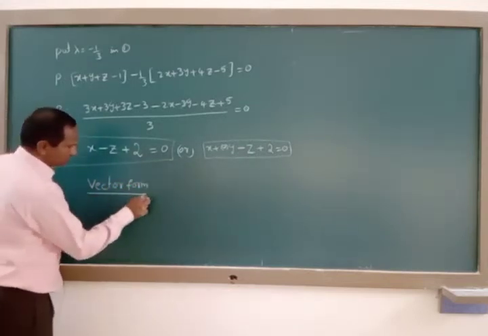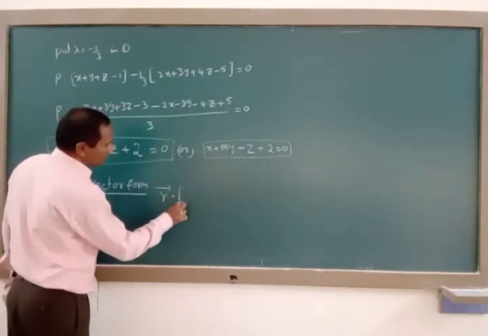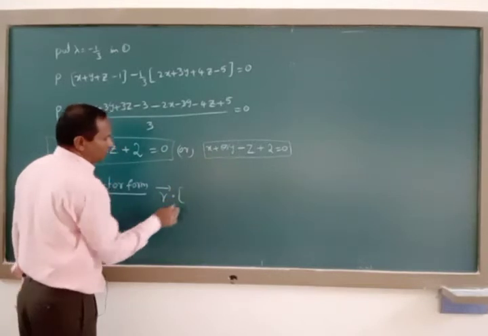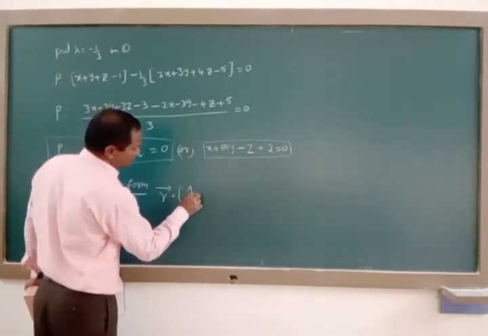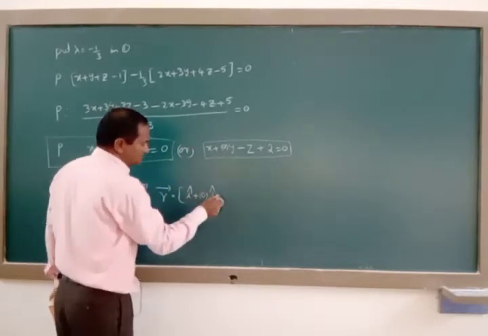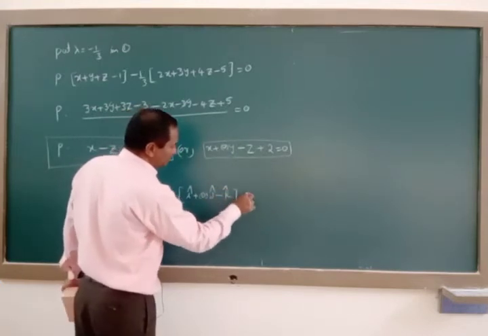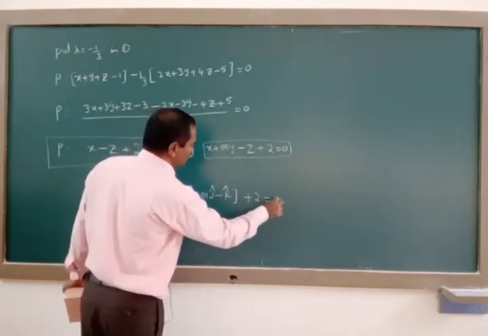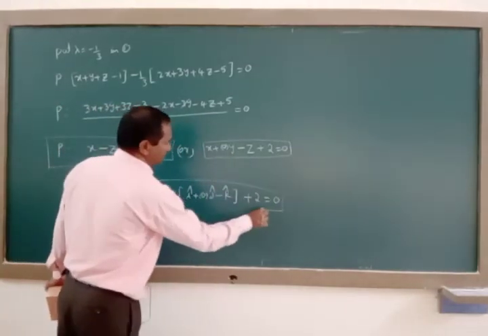Vector form is r vector dot of the coefficients of x, y, z: 1 i cap plus 0 of j cap minus k cap, since the z coefficient is minus 1, close the bracket, plus 2 is equal to 0, which is our vector form of the equation of the plane.